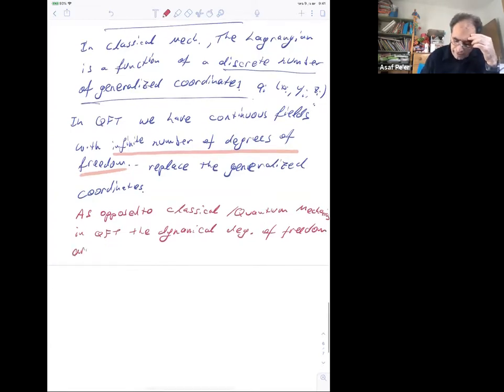The field is traditionally called phi or psi. There can be many fields, or E or B or whatever you want, at every point.